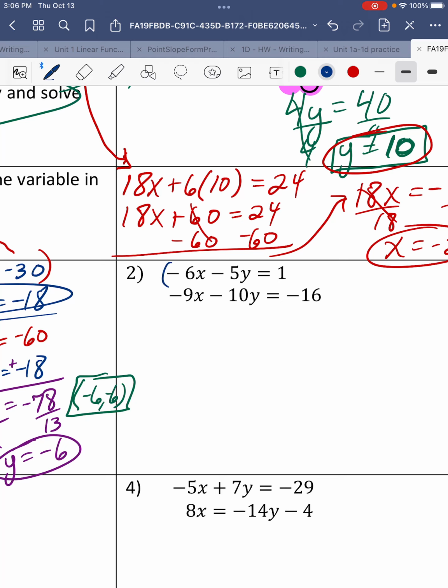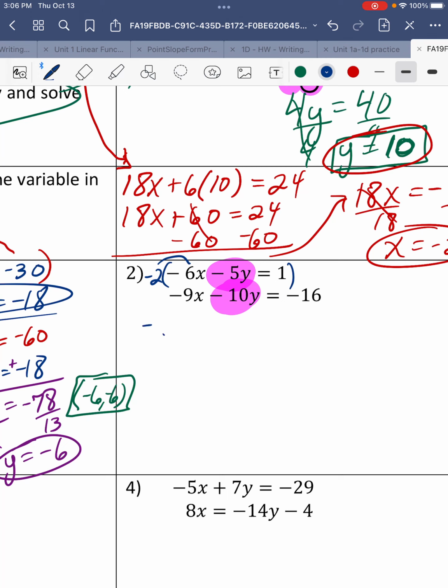You could multiply the top equation by negative 9 and the bottom equation by negative or positive 6. That will give you 54x and negative 54x, so that would work. Instead, I'm going to look at the y values. I want to get these opposite because that's the easiest. I'm going to multiply the top equation by negative 2.